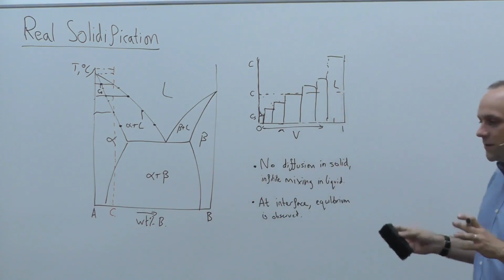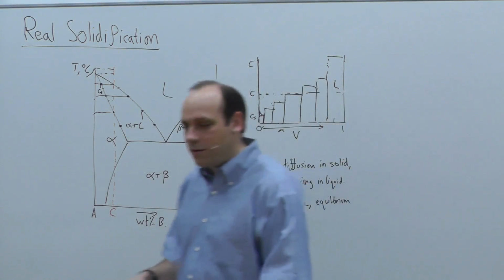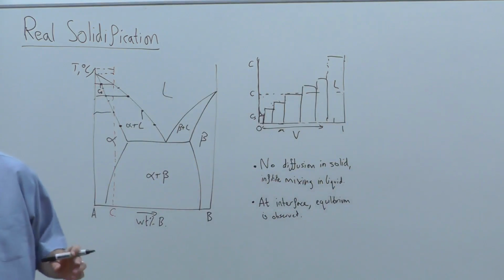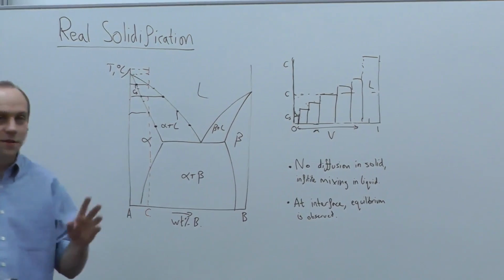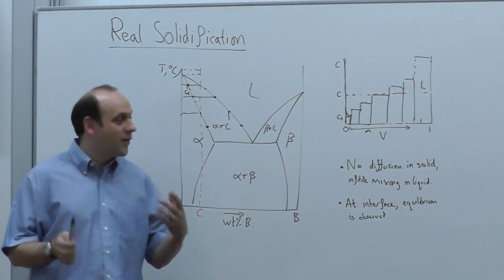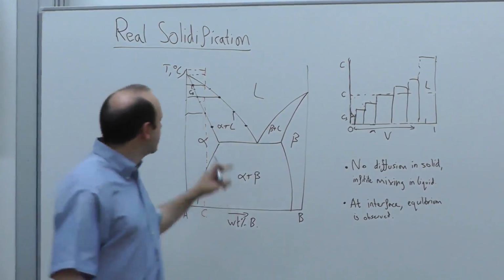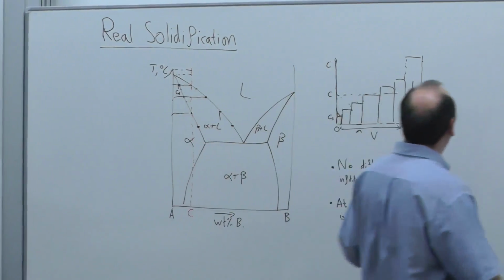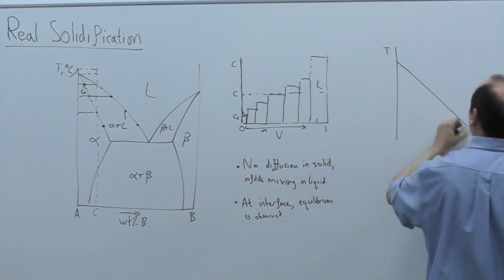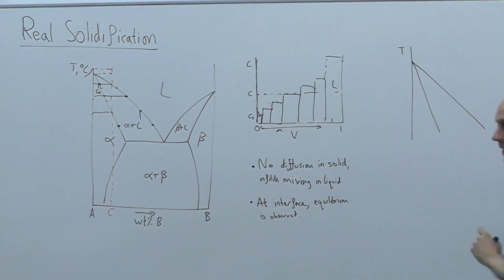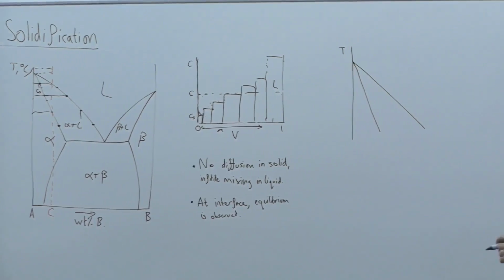So what we're going to do now is encode those ideas mathematically. In order to do that, we're going to define a few things first. If I take this alpha side of the phase diagram, there's my temperature, and I'll assume that the phase boundaries are given by straight lines.